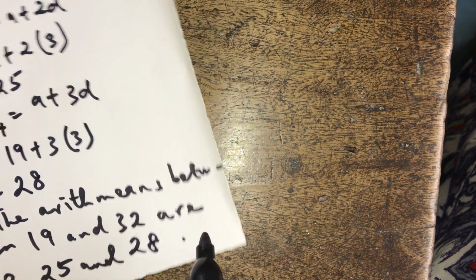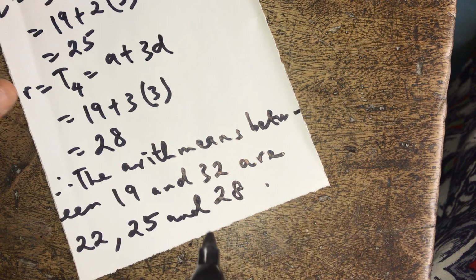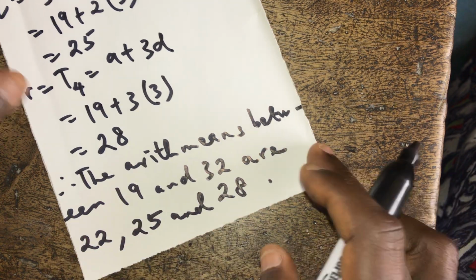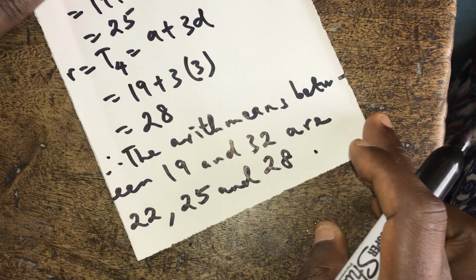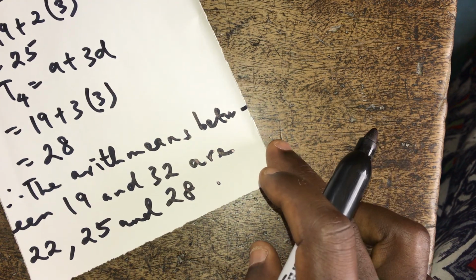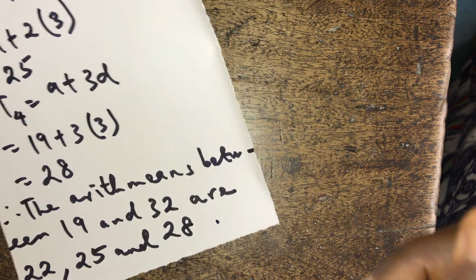So those are the numbers in the middle of 19 and 32, and they are called their arithmetic means. So that's it simply.